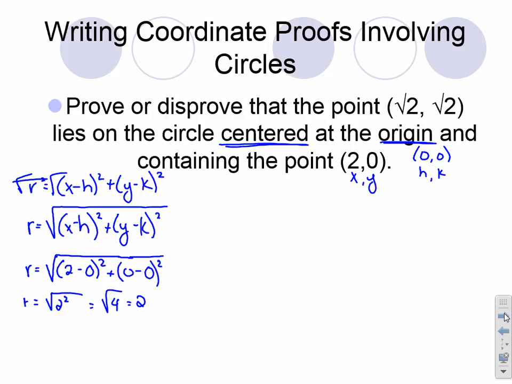Okay, so what you need to think about then is the distance from the point radical 2, radical 2 to the origin, which I'm going to write as 0, 0, is radical 2. Okay, well, we've got to show that. So what I need to do is look at distance.